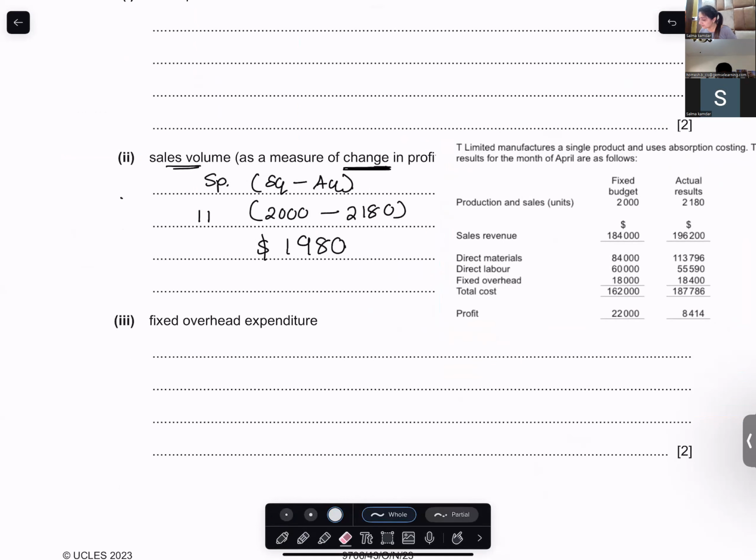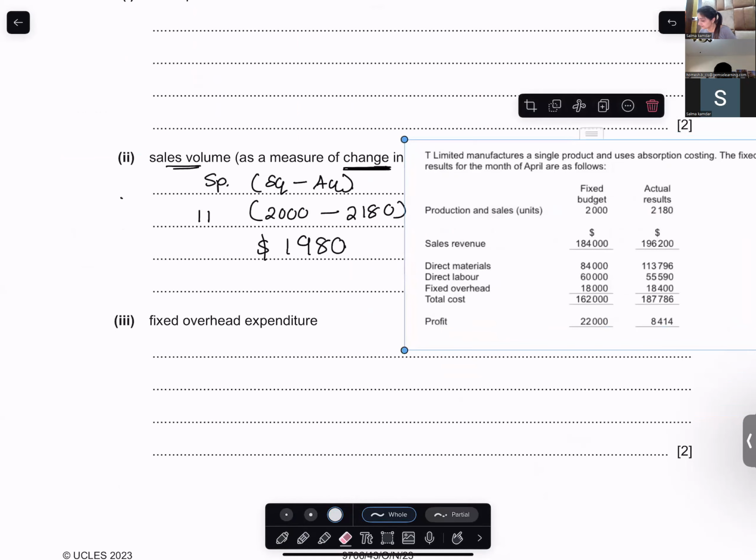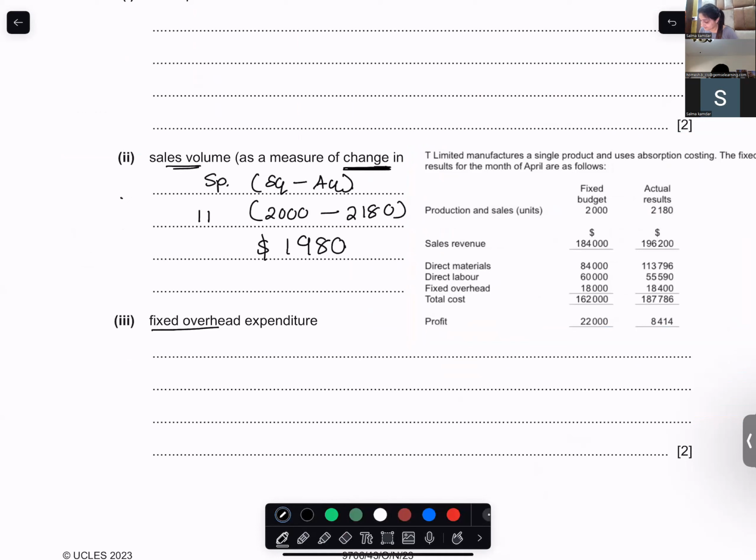Now we are talking about fixed overheads variance. Fixed overhead expenditure variance. What is the formula for fixed overhead expenditure variance?